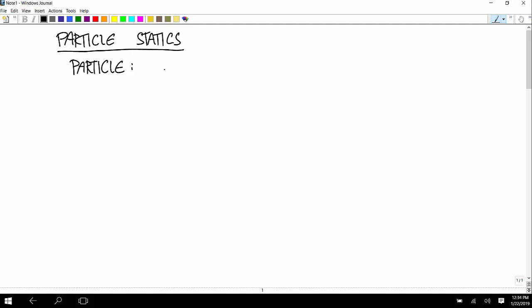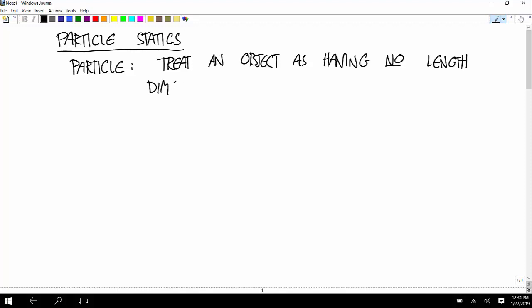And it's when we treat an object as having no length dimensions. And therefore, its orientation doesn't matter.